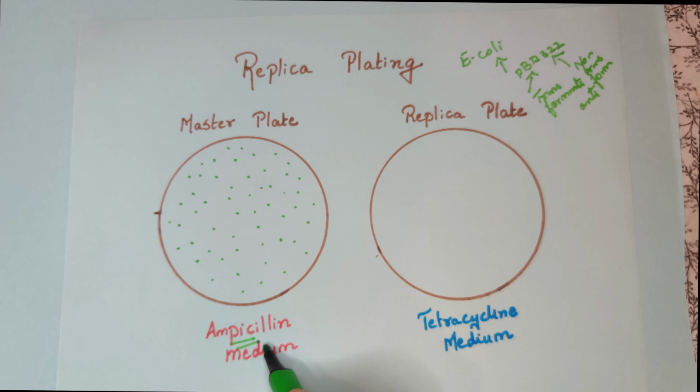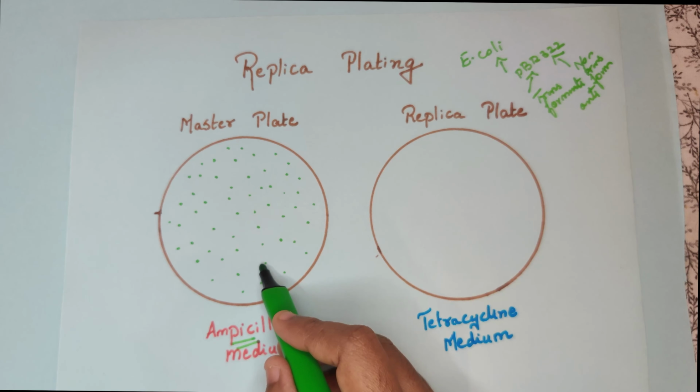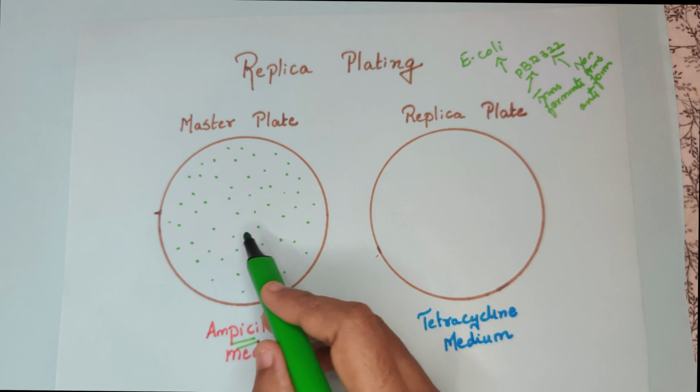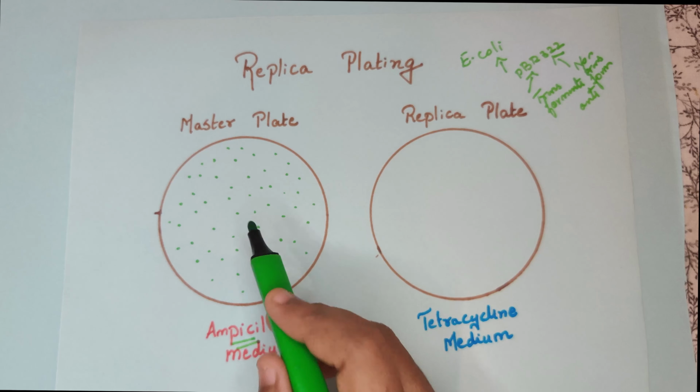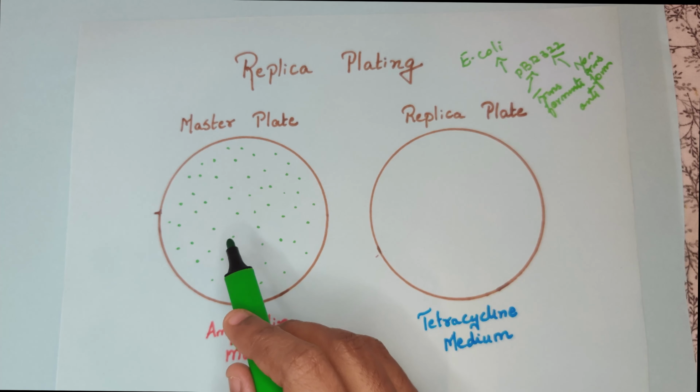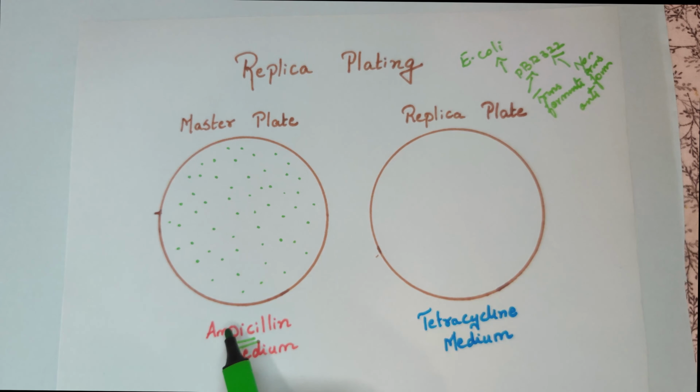So even with ampicillin in this medium, since transformants and non-transformants both have the ampicillin resistance gene intact, they will be able to grow. They will not be killed by the ampicillin present in this medium.